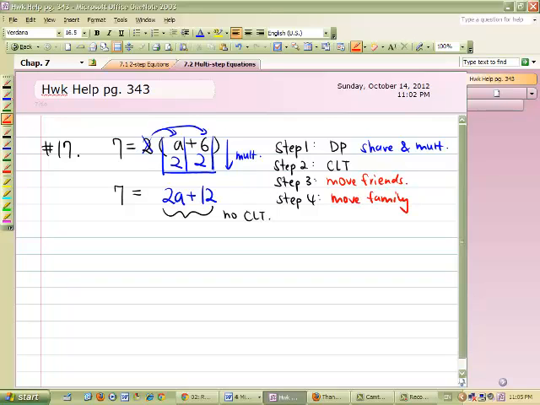Remember that in every part of this question, once we get to the last 2 steps, step 3 and 4, what we're going to do is the birthday party method. In the birthday party method, we would call the 2, which is close to the a, the family number.